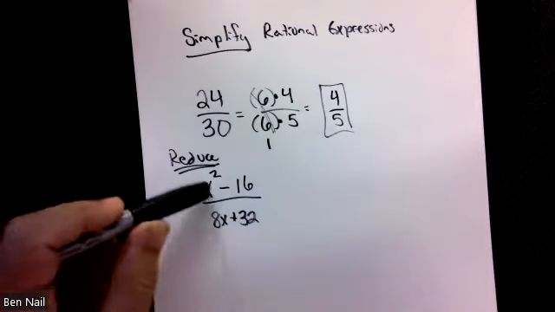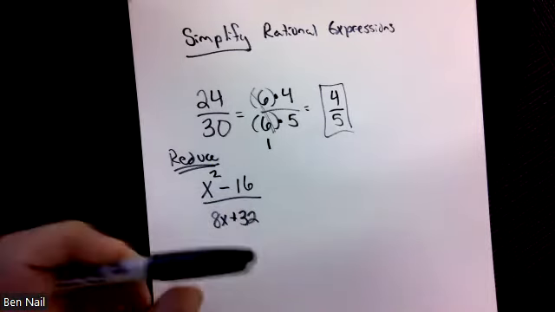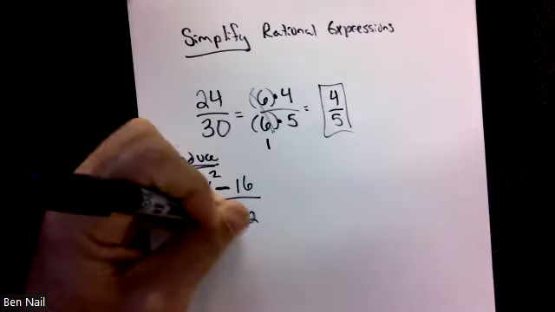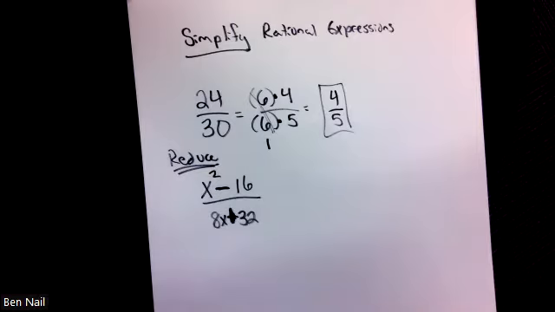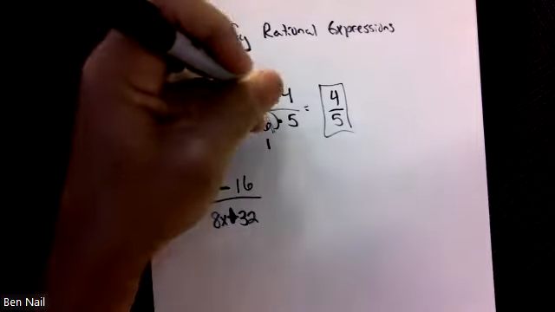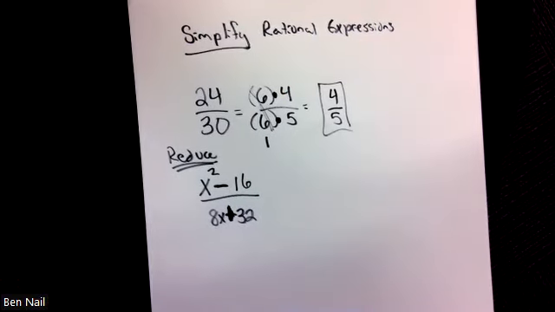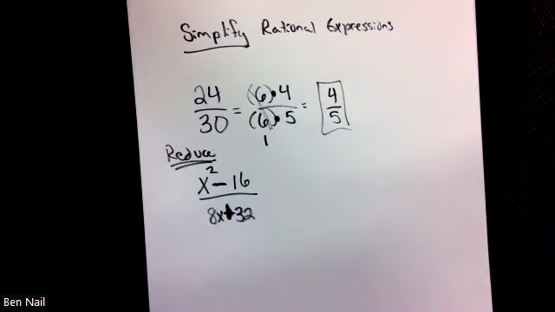Some people get ahead of themselves and they start trying to cancel x's or this 16 and 32. When you have addition or subtraction, we can't just start simplifying. The only way we simplify is when we have common factors or multiplication. So all of that stuff we did last chapter where we were factoring is going to come into play in this chapter.